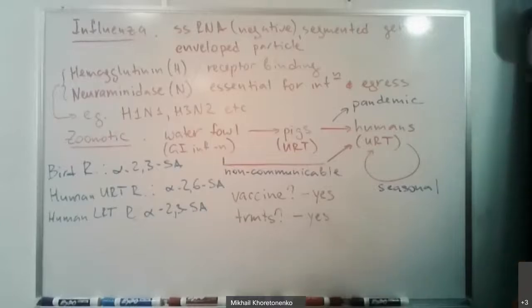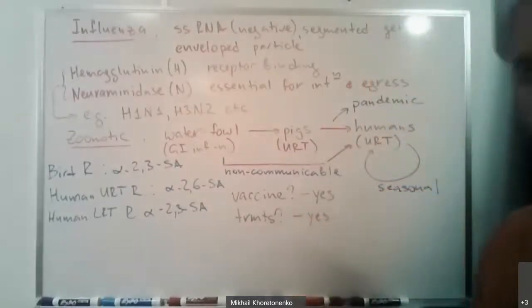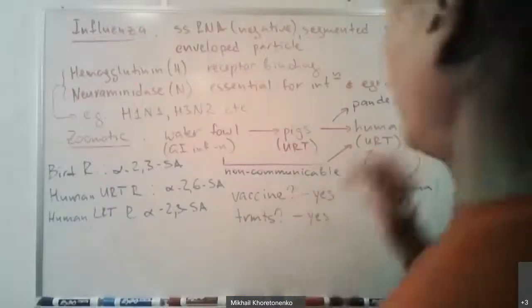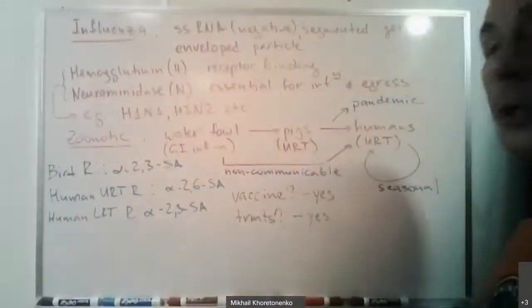Now, let me explain. Look, I'm not going to talk about symptoms, okay? You all know how flu manifests itself, you all had it. So let's talk about the changes. Why does this virus change so rapidly?